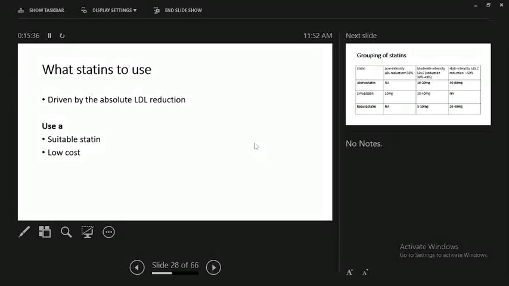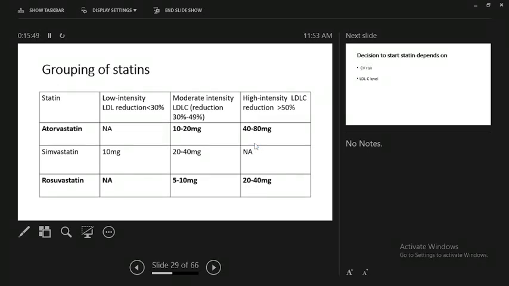So statins are important drugs in dyslipidemia management. So what statin to use? That is driven by the absolute LDL reduction. So use a suitable statin with a low cost.